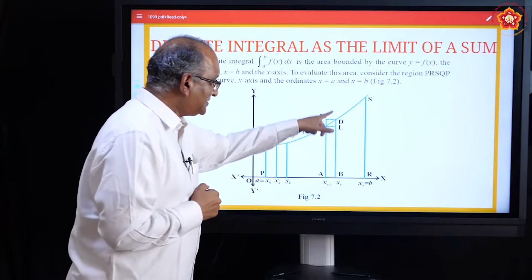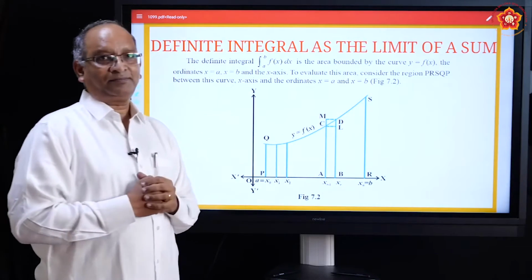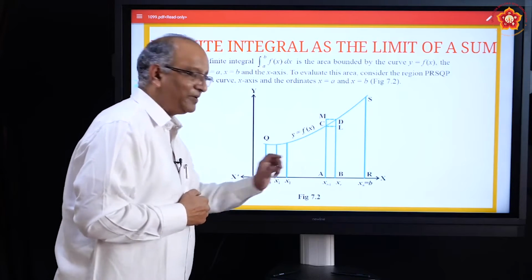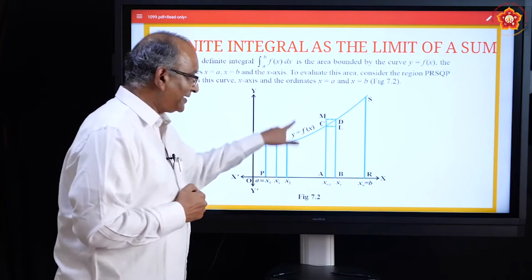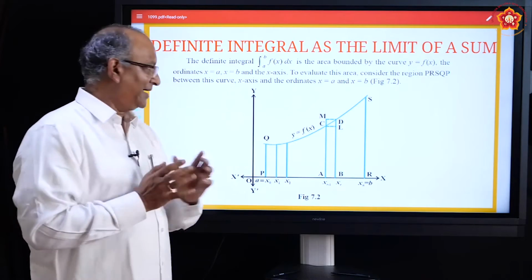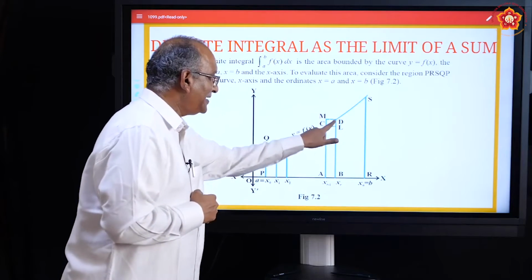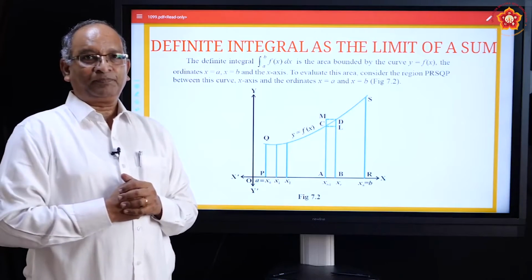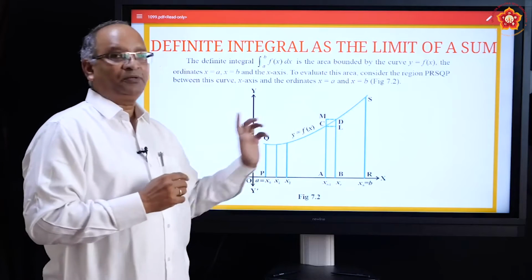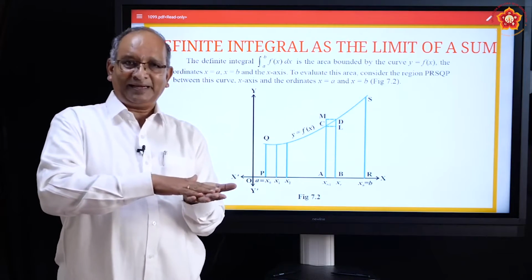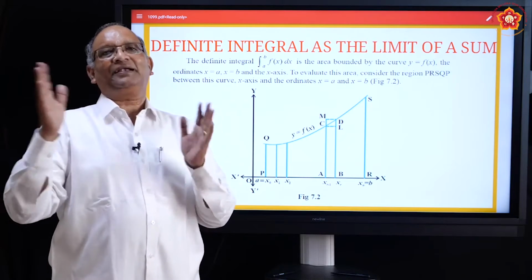So how much is BD? It is x_r. If you take the smaller rectangle, it is x_(r-1) into h. If you take the bigger rectangle, it is x_r into h. Our required area, that is ABDC, lies between both of them. The area of this strip lies between the smaller rectangular area and the bigger rectangular area.